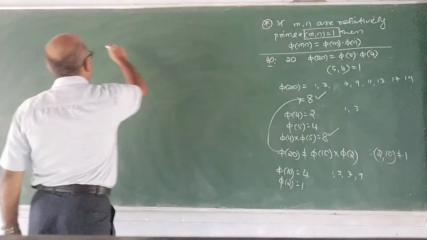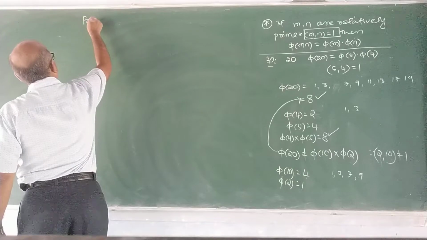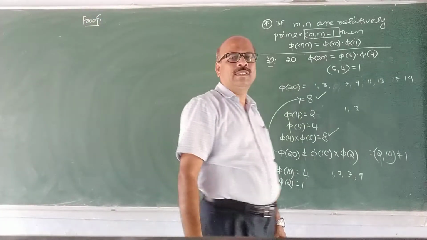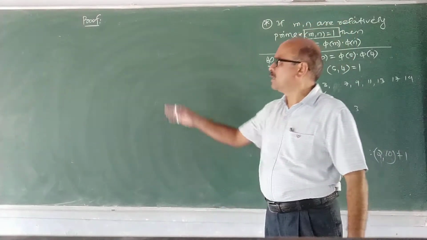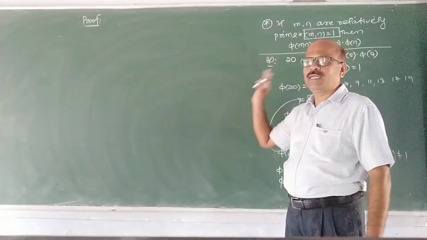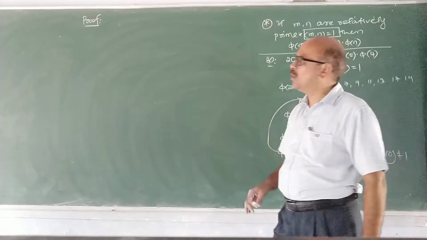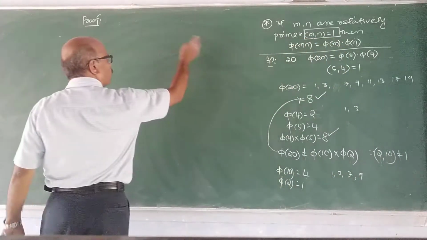Now I prove that one. The proof is important from the examination point of view. This theorem was asked in previous year examinations: prove that phi of mn is phi of m into phi of n. Now to prove this, what do you have to prove?